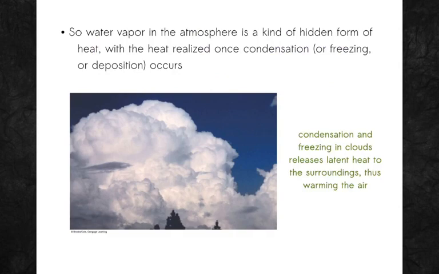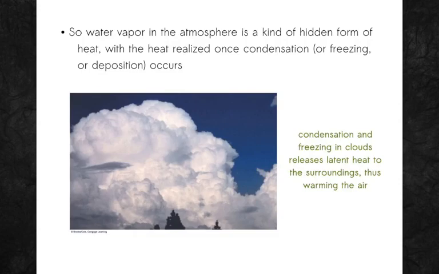Because if we add water vapor to the atmosphere, that's not initially going to show up as heat, but sometime later, when that water vapor condenses into droplets, particularly in clouds, then that condensation process, going to the lower energy state, is going to end up dumping heat into the surroundings, and so you're going to end up warming the surrounding air that way. That happens through condensation. That also happens through freezing. Both of those are going to end up warming the surrounding air in your cloud.